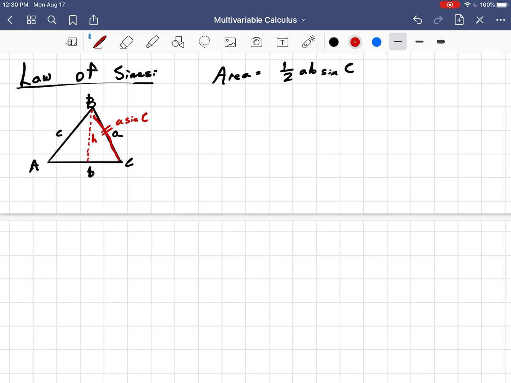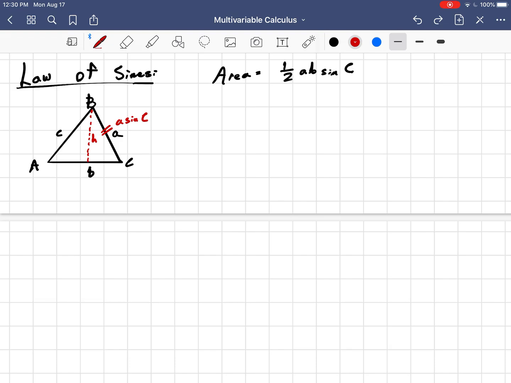Because if we have this here, then this part here is the sine, and that part there's the cosine. So what does that tell you? Well, this formula really is just 1/2 base times the height. So it just reduces to that form.